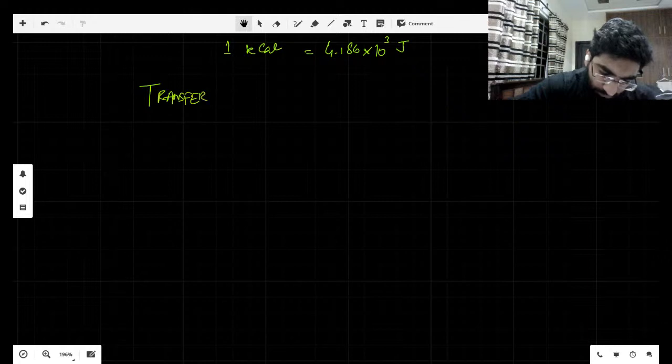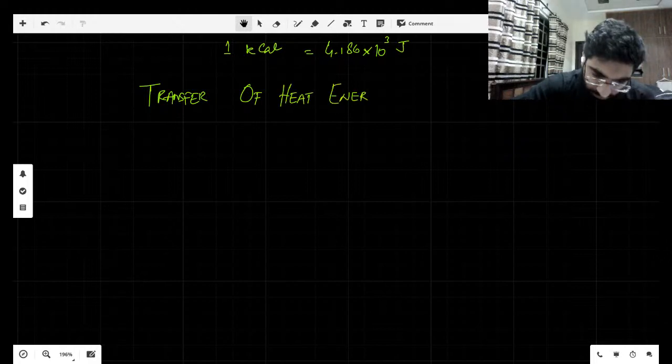Convection. Correct. There are two more. Radiation. Excellent. So the first one is conduction, the second one is convection, and the third one is radiation.